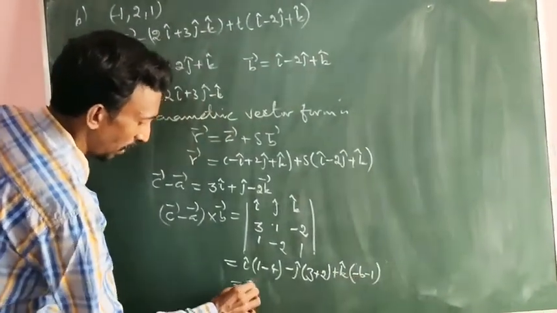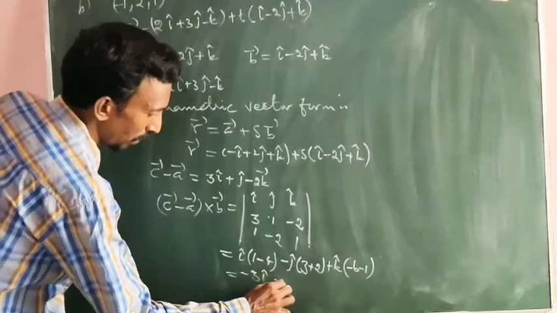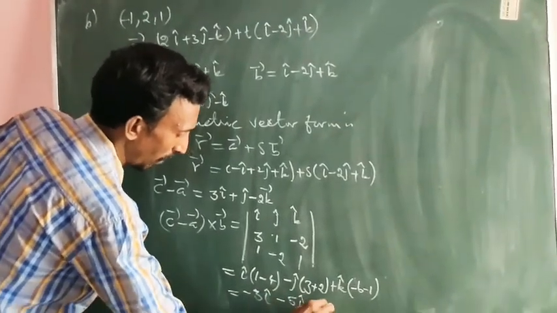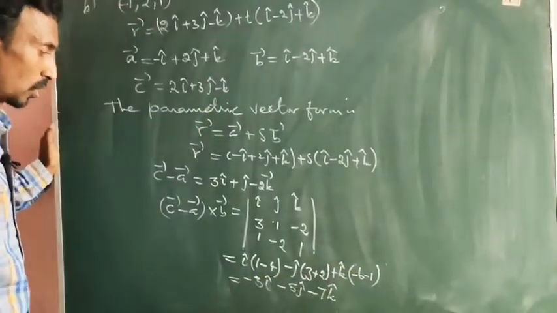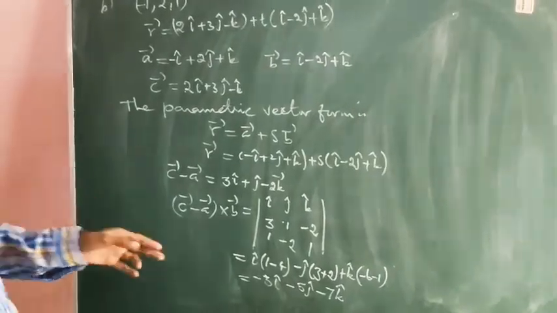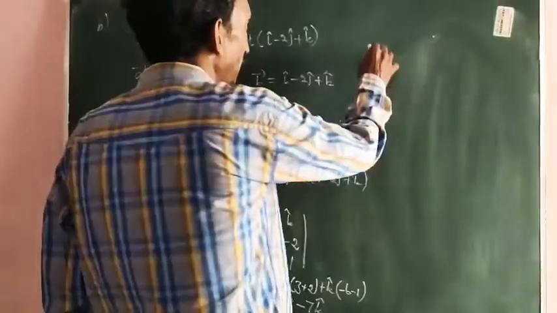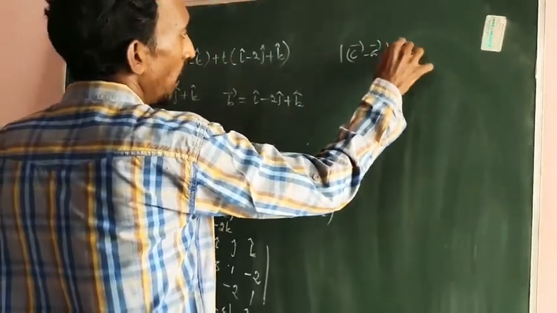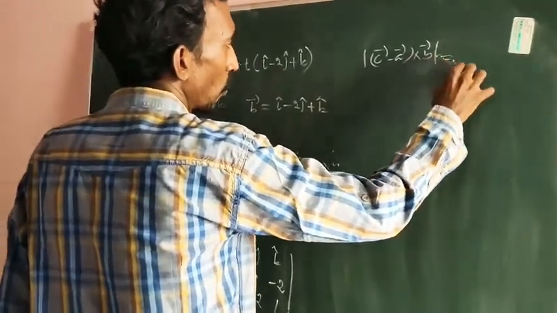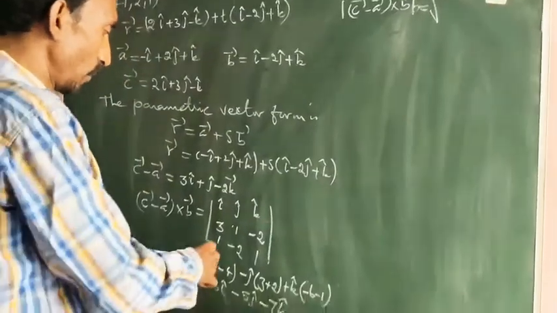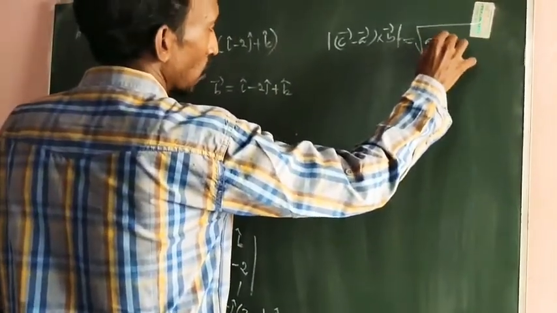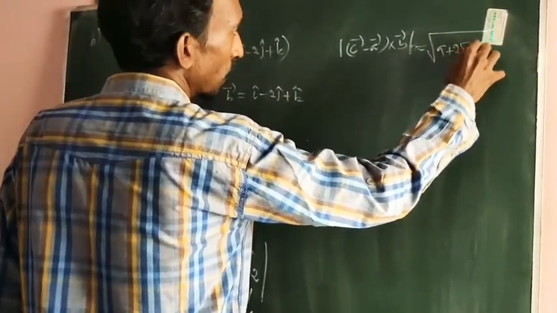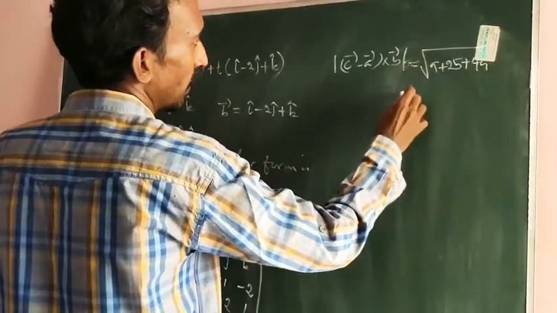So we are getting minus 3i minus 5j minus 7k. So C minus A cross B is this one. So find out its magnitude. C minus A cross B magnitude. So root of, what is the value? 9 plus 25 plus 49.